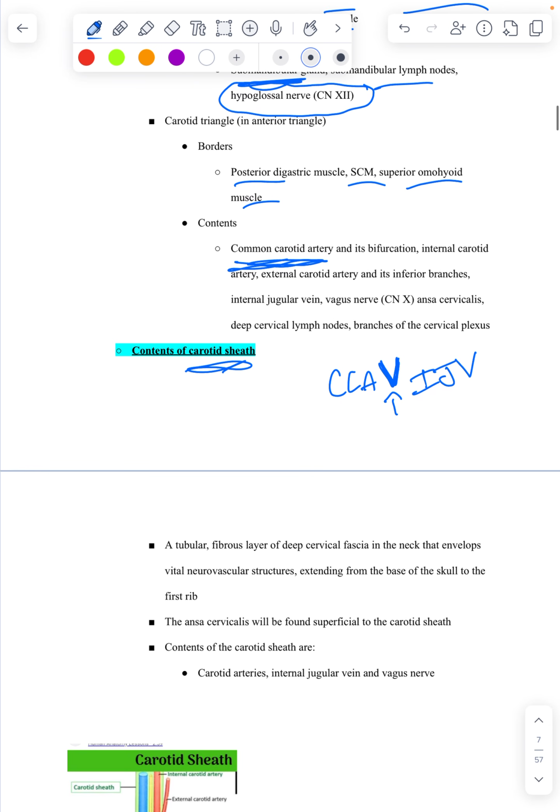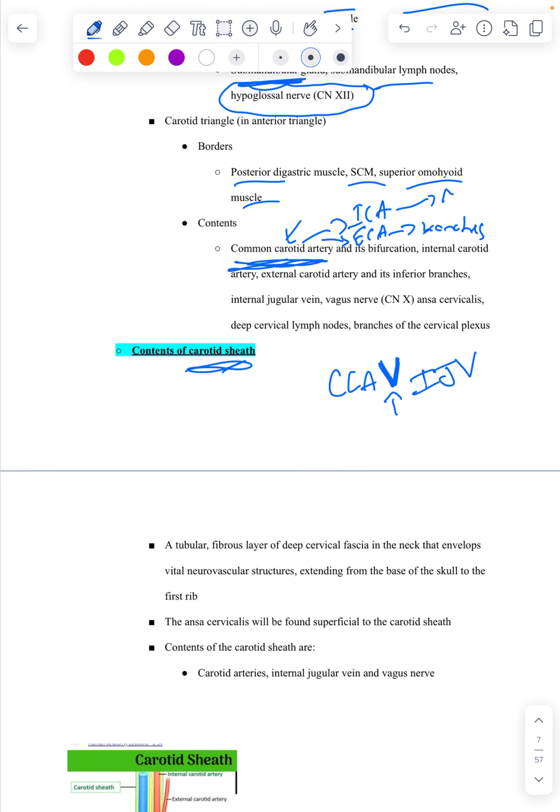So if you have common carotid, this splits into internal carotid and external carotid artery. You'll know the difference, especially in lab, because the external carotid artery branches, but the internal carotid doesn't branch until it gets all the way to the top, in the brain.